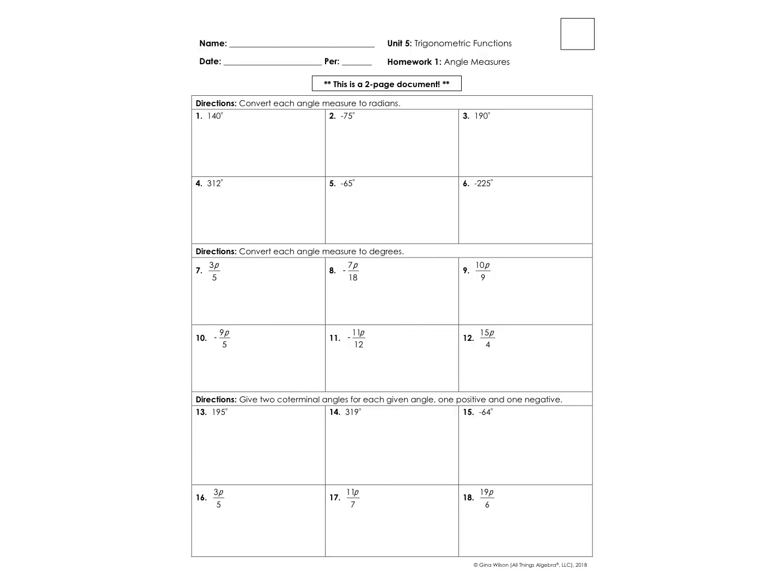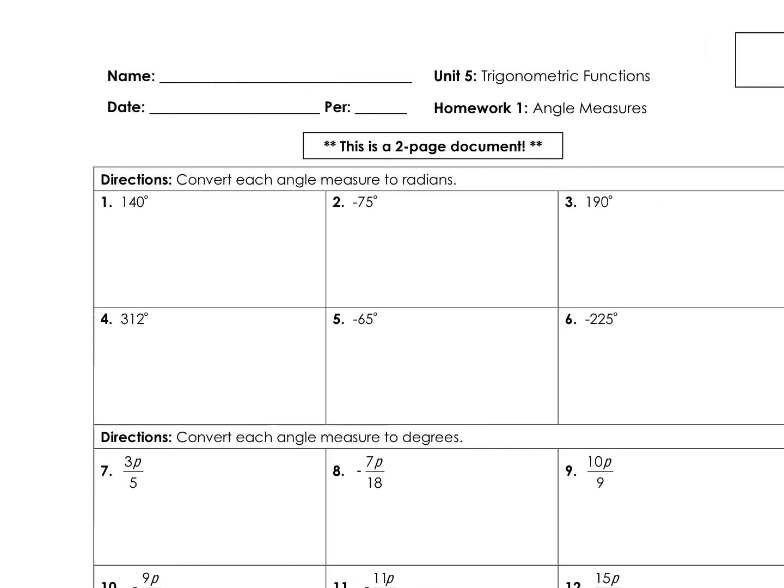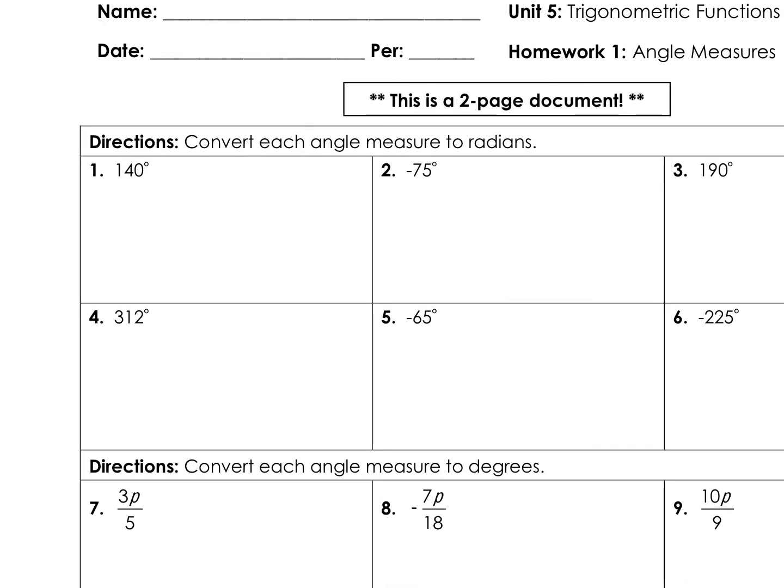Afterwards is your homework covering these latest 2 lessons on degrees and radians. And see, that's what it starts out with if I look at this closer. There's your degrees to radians.